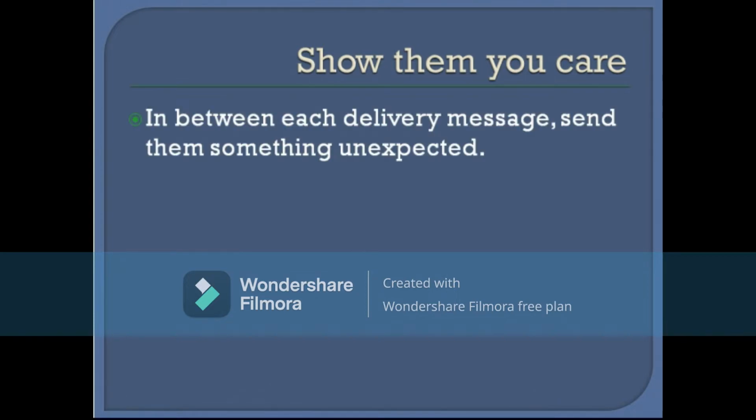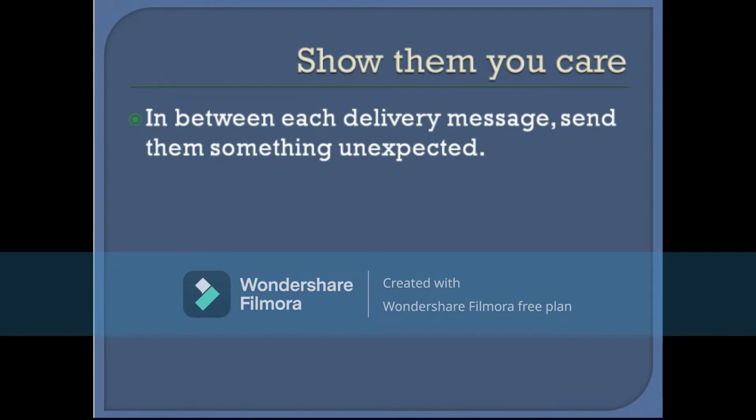Another way, and this is a cool tidbit to show them that you care, is in between each delivery message to send them something that is unexpected. Let's say, for example, that you're sending something every single week. So if I do 1 week, 2 weeks, 3 weeks, and 4 weeks, what I mean is to send a message.